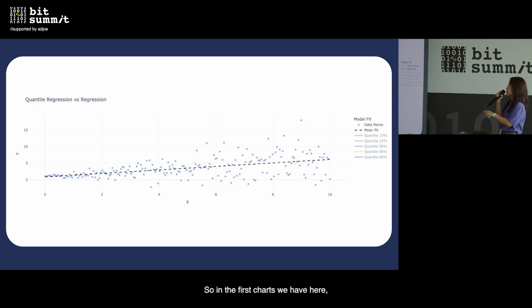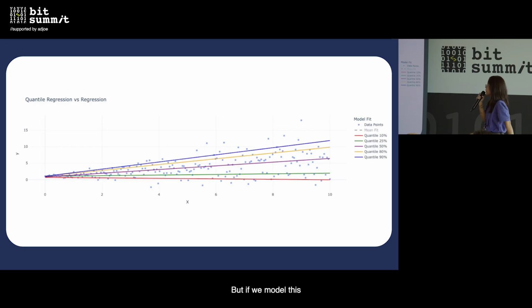In the first chart, we have the line of the regression fit to our data points, and it cuts right through the middle of the data. So we see that half of the data is under the line and half of the data is above the line. But if we model this with quantile regression, you could see the distribution of our bid spectrums.